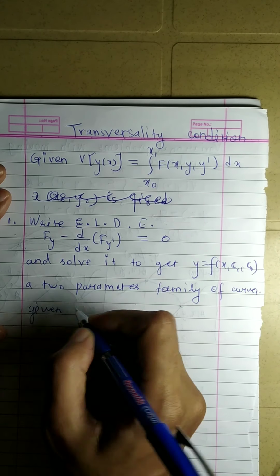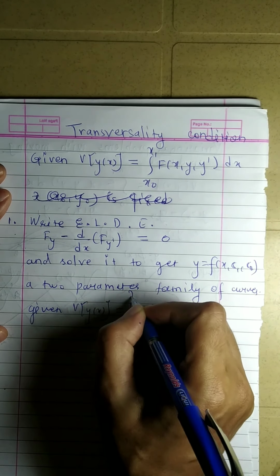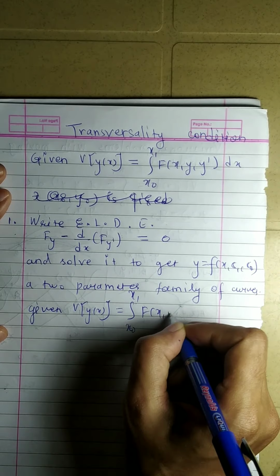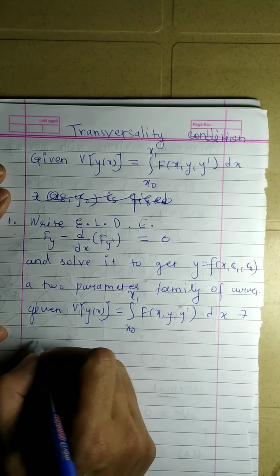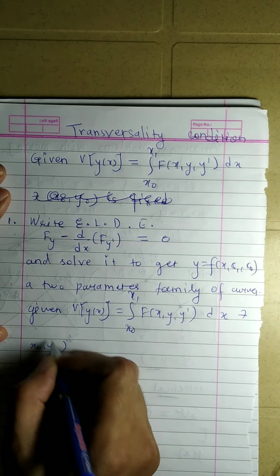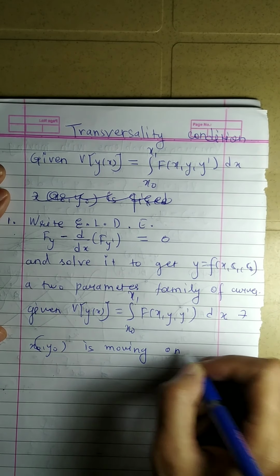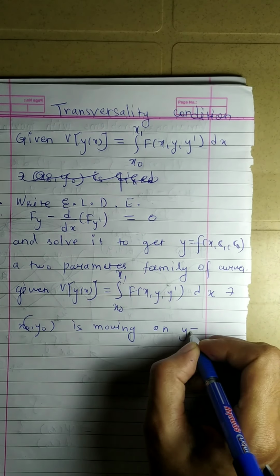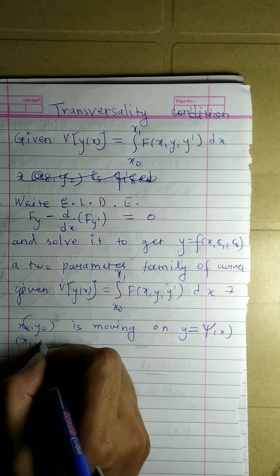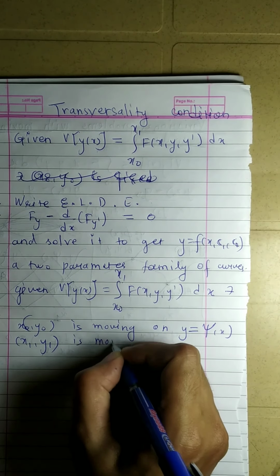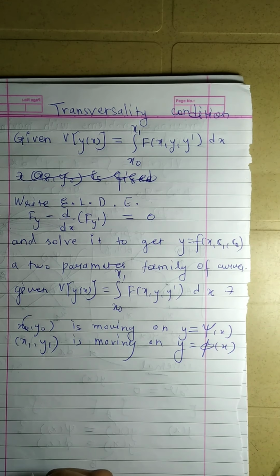Okay, so we have given V[y(x)] equal to the integral from x0 to x1 of F(x, y, y') dx, such that the point (x0, y0) is moving on the curve y equal to xi of x, and (x1, y1) is moving on y equal to phi of x.